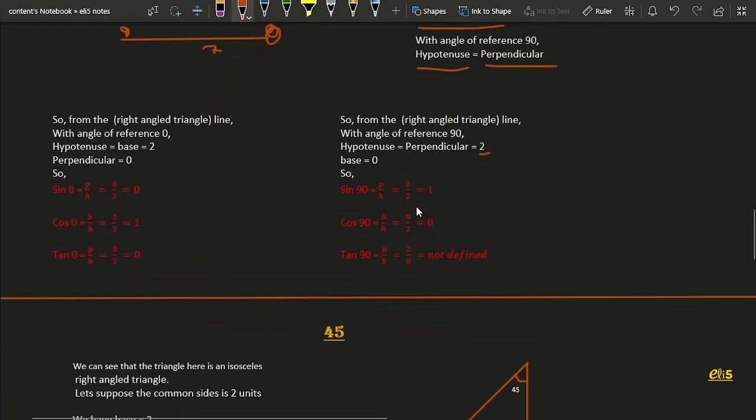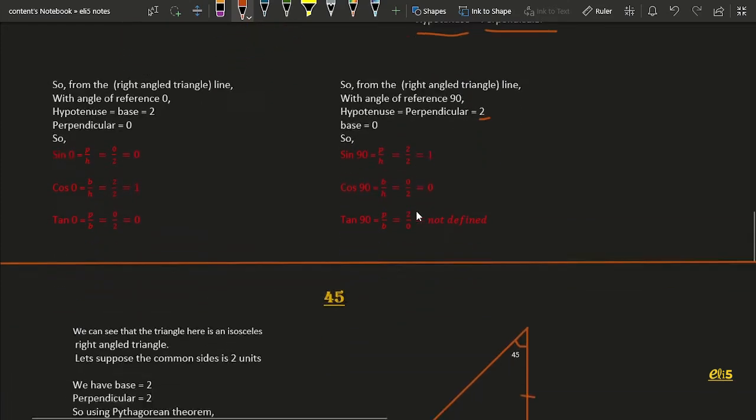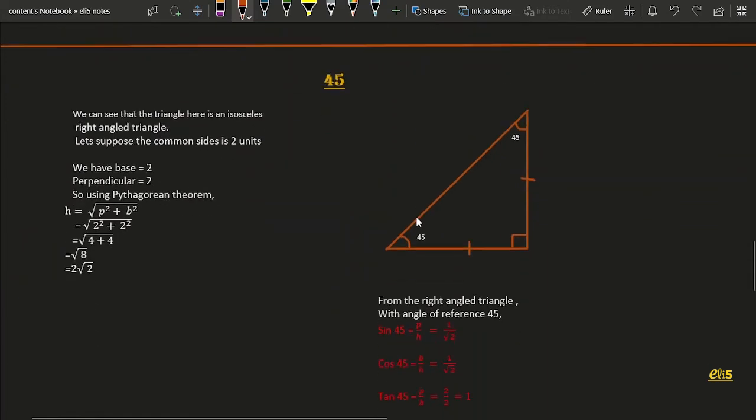So now let's move on to 45 degree. In case of 45 degree, we need to draw a right angle triangle with 45, 45 and 90 degree as the angles. You can see that the triangle here is an isosceles right angle triangle, because there are two angles the same, 45, 45. This is a property of an isosceles triangle.